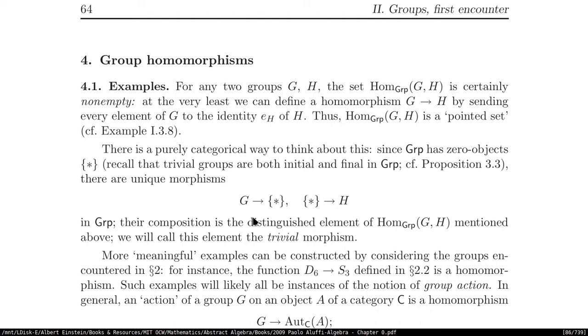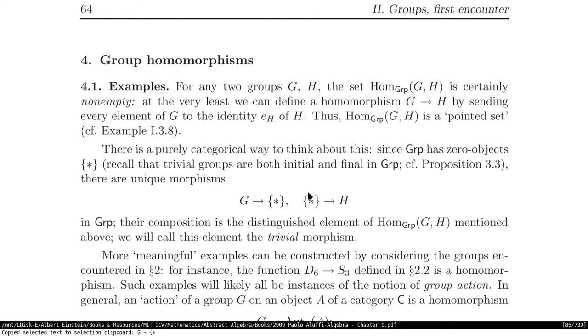Okay, so the purely categorical way to think about this is that since the category of groups has zero objects, remember, zero objects, there are unique morphisms from G to the zero object, and from the zero object to H, right?